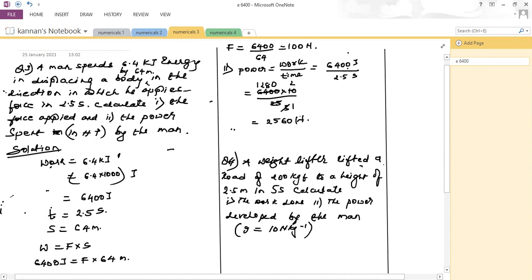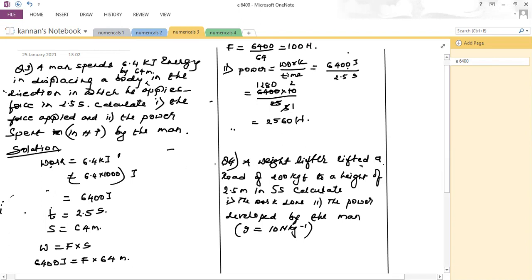Got it? This is it. Now I want it in horsepower. So 1 horsepower is 746 watts. 1 horsepower is equal to 746 watts. So naturally, what will happen, children?